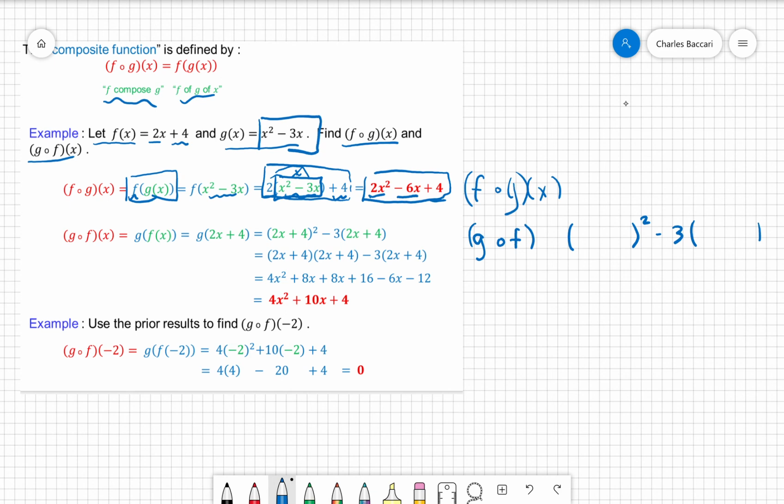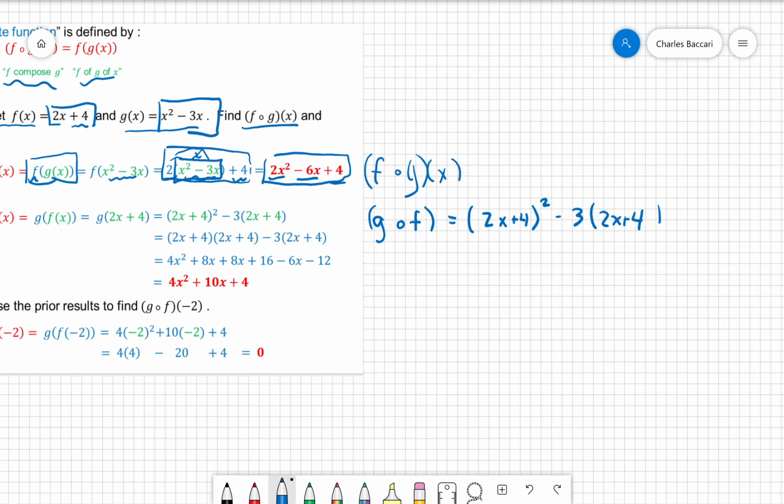And then we will fill in these blanks with 2x plus 4 and 2x plus 4. And then we can simply go ahead and do our distribution and things like that. You can see the steps to this right here. Combine like terms, and then you'll be on your way.